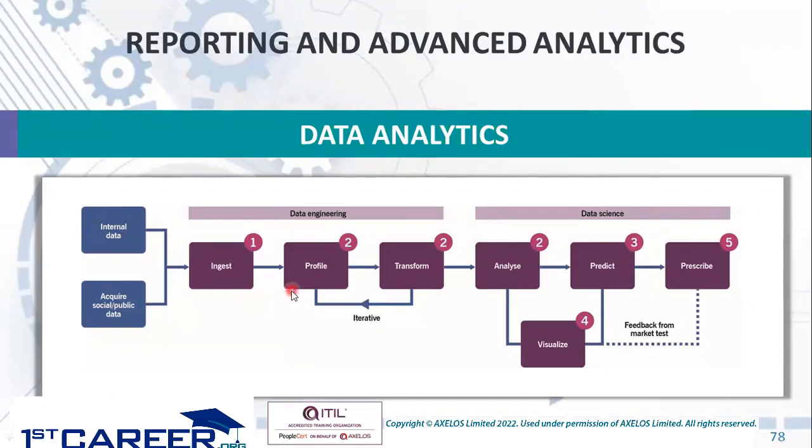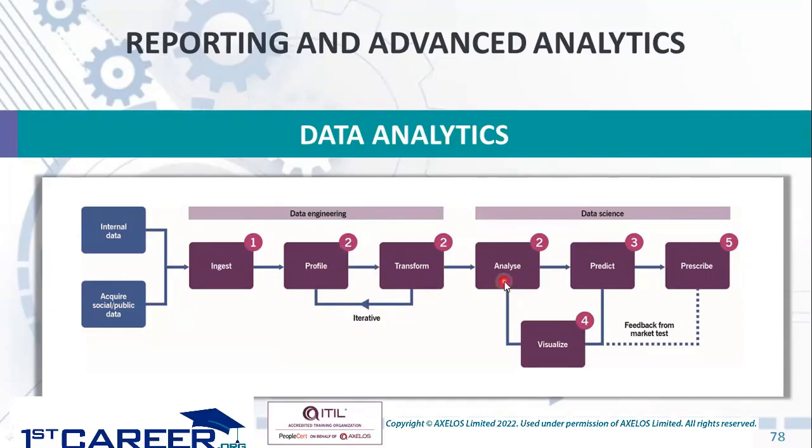Then profiling. Profiling is mainly sorting out, summarizing, categorizing, improving the quality of the data, removing the erroneous data. Then transformation is about changing the formats. Maybe a better format is required. So once it is profiled, meaning summarized, sorted out and corrected, it can be changed to a different format for proper reading by the analysis program.